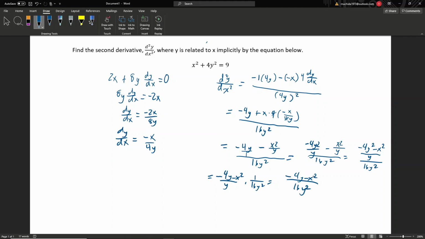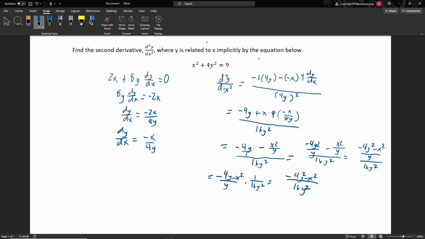Now, let's try to simplify this if we can. We have negative 4y squared minus x squared in the numerator. Remember, we knew that x squared plus 4y squared was equal to 9. So let's multiply both sides of that original equation by a negative sign.